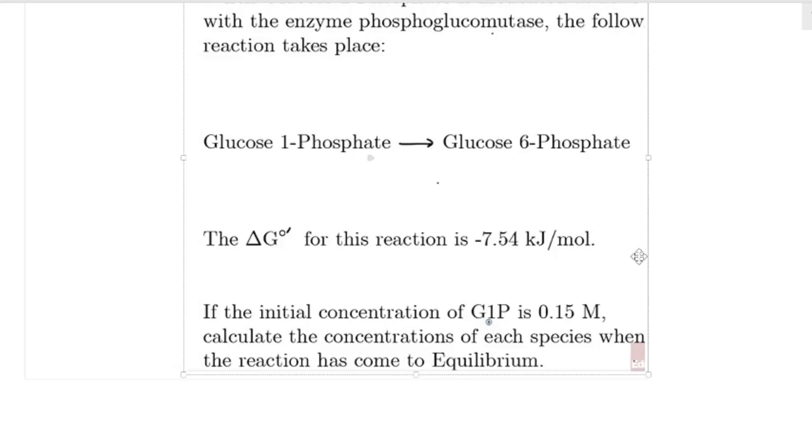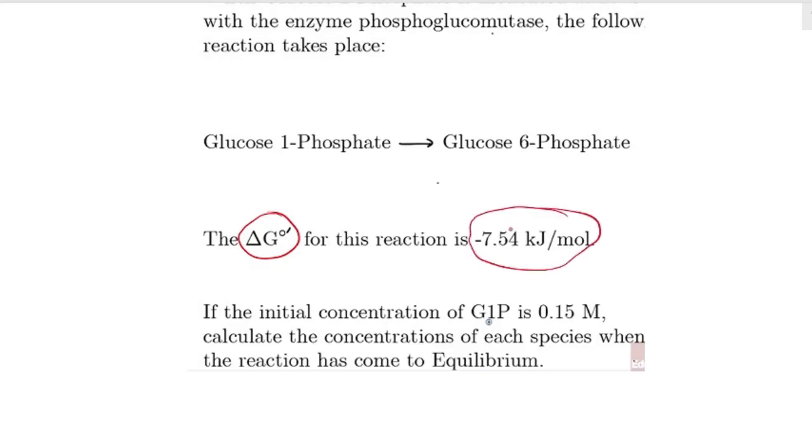So we are given a delta G here, as you can see. We are given our initial concentration, and we see that the delta G of this reaction is minus 7 kilojoules per mole.